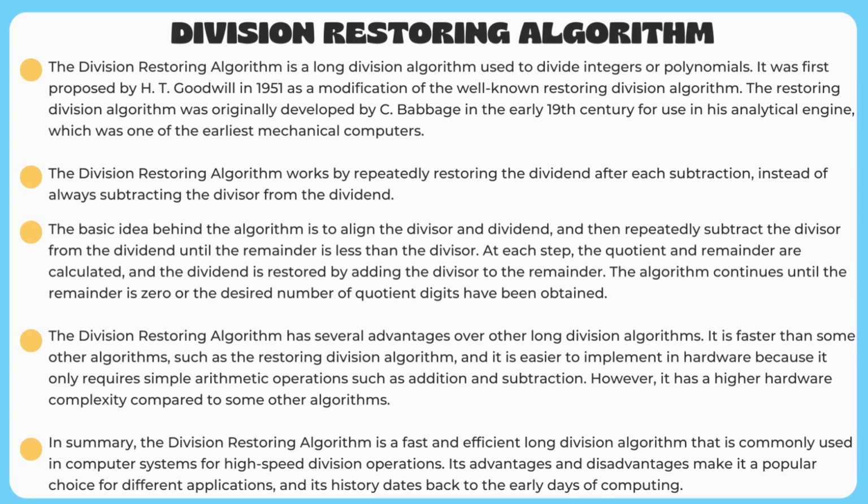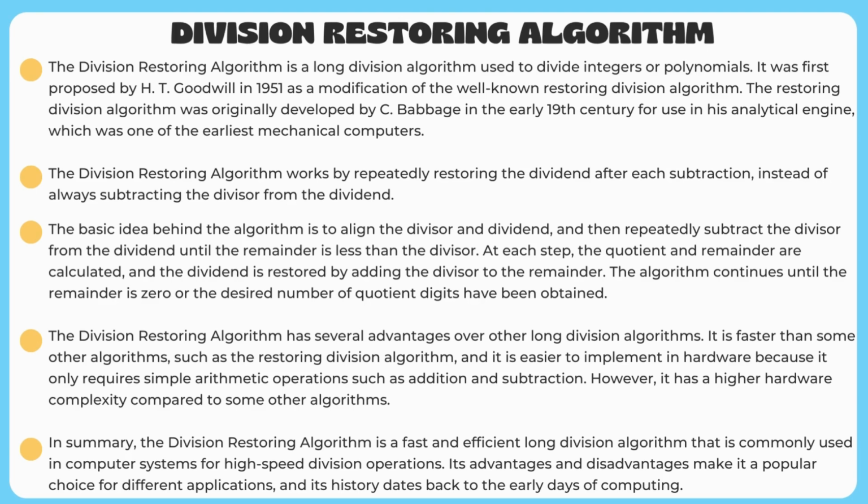Basically, the division restoring algorithm has several advantages over other division algorithms. It is faster than some other algorithms, such as the restoring division algorithm, and it is easier to implement in hardware because it only requires simple arithmetic operations such as addition and subtraction. However, it has higher hardware complexity compared to some other algorithms.